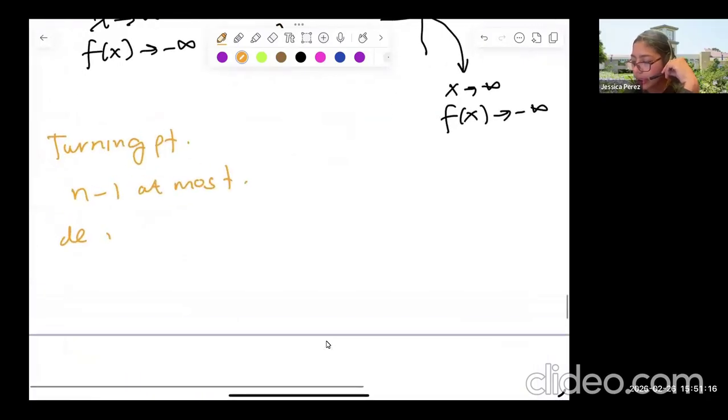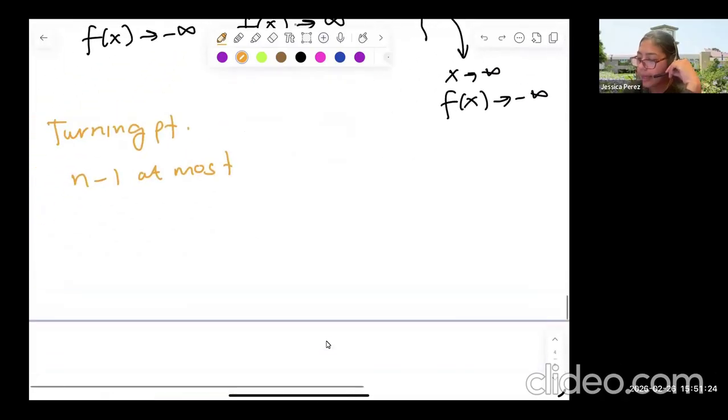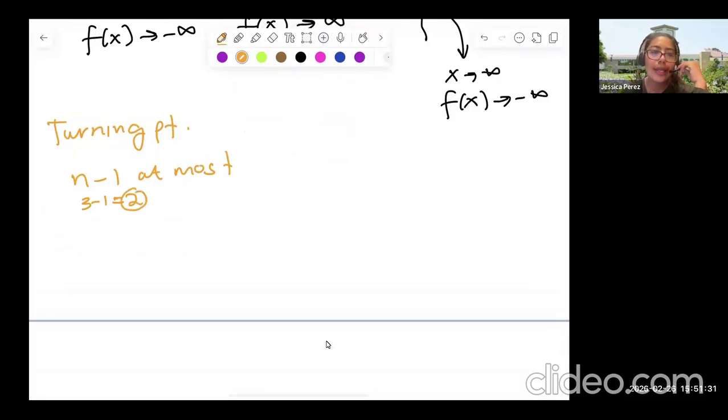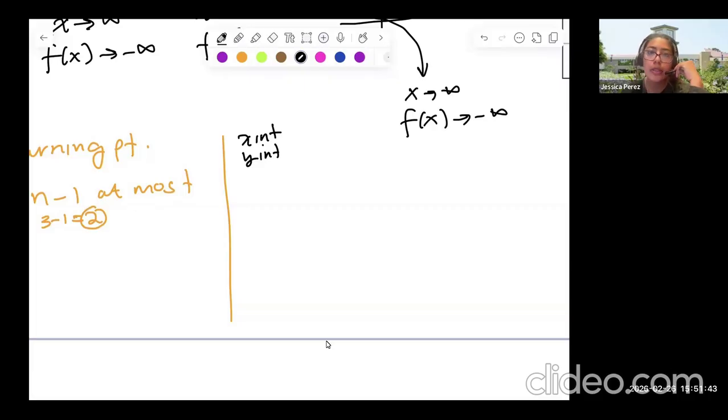So we have 3 minus 1. That's going to be two turning points. So we know that the behavior is going to have a maximum and a minimum.